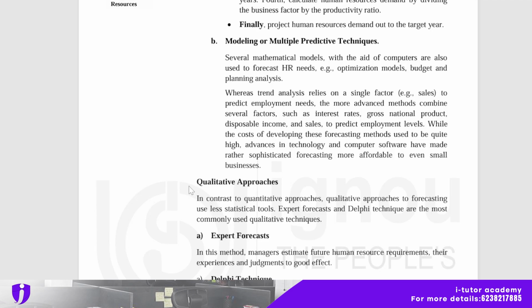To predict employment needs, the more advanced method combines several factors such as interest rates, gross national product, disposable income, and sales to predict employment levels. While the cost of developing these forecasting methods used to be quite high, advances in technology and computer software have made rather sophisticated forecasting more affordable to even small businesses.